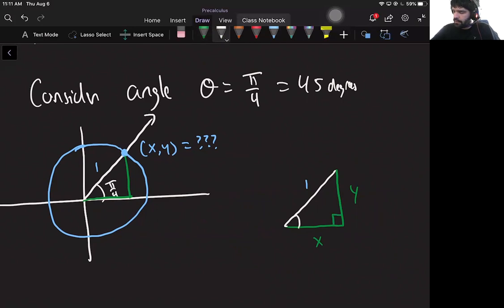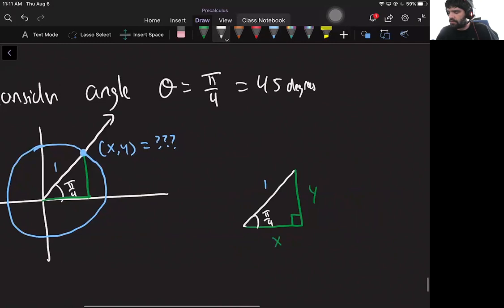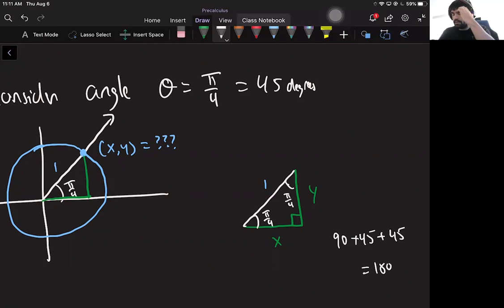is that this angle is pi over 4. So remember, a triangle has to have 180 total degrees, aka pi radians total. So because this is already 90 plus another 45, the last missing angle up here has to be another 45 to get you to 180. So in fact, these two angles are exactly the same.